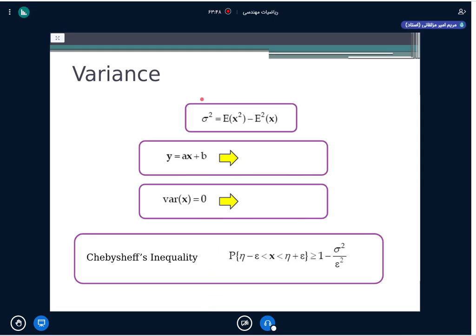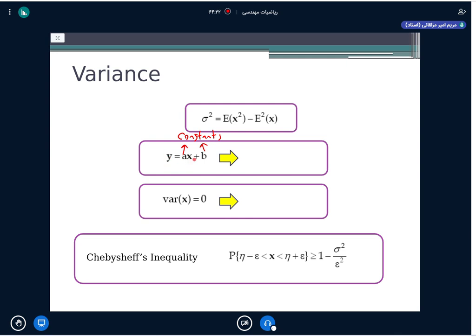But what are the properties of variance? Variance of x is equal to this: expectation of x to the power of 2 minus expectation to the power of 2 of x. The second property: if y is equal to ax plus b, here a and b are constants and x is a random variable.